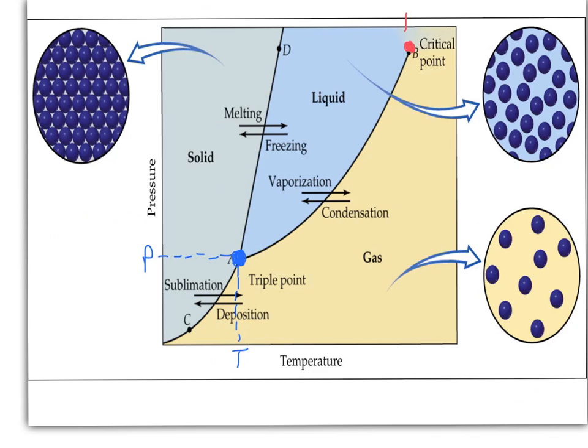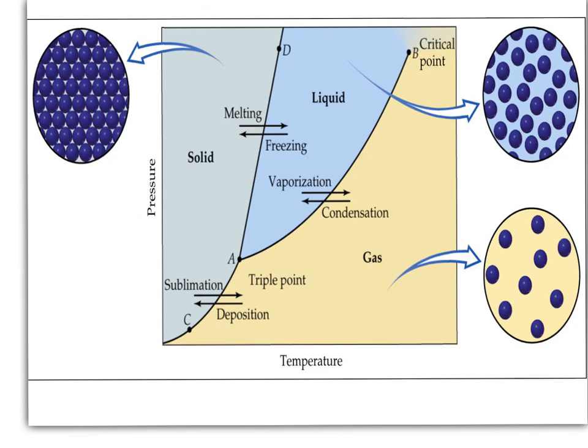Remember that critical point is the temperature and pressure at which a gas can no longer liquefy. So basically, any temperature or pressure in this quadrant right here would be too high to get the molecules to slow down in order for their attractive forces to start taking hold of each other and turn into a liquid.